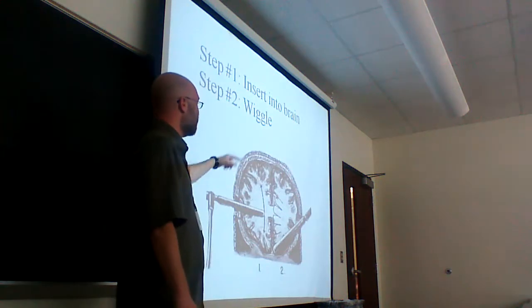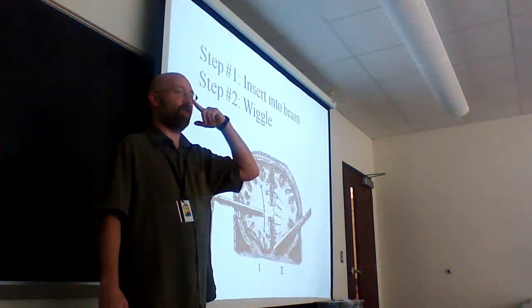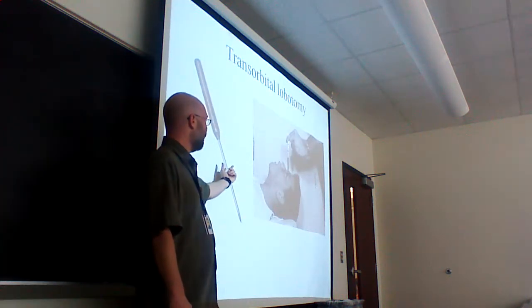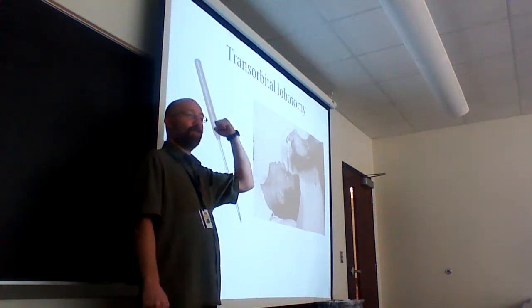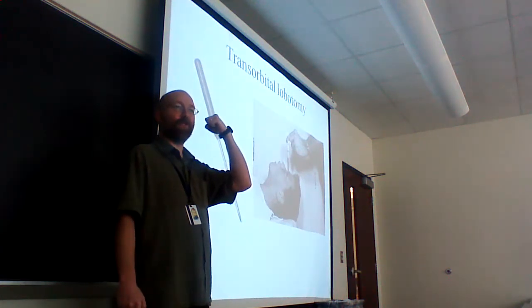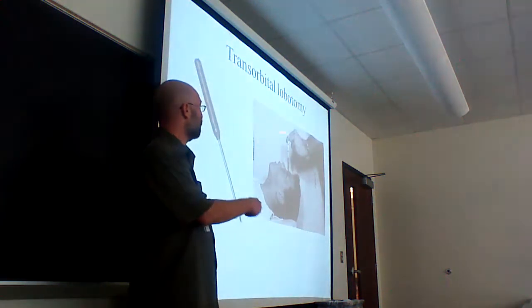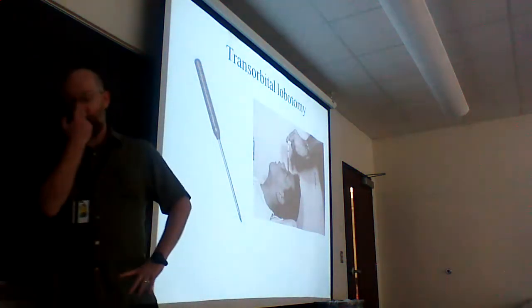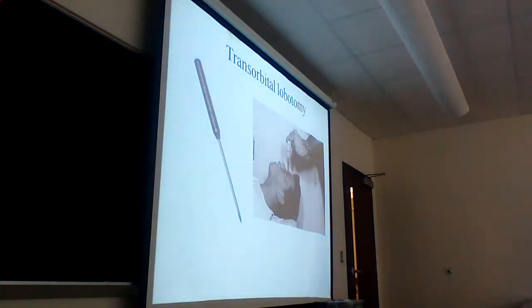What they do is they push the eye out of the way a little bit, and then they take something that looks a lot like an ice pick and they jam it through one of the fissures in the back of the orbit. That's an actual transorbital lobotomy going on there. So, yeah, that looks safe. Yeah, that's kind of gross.